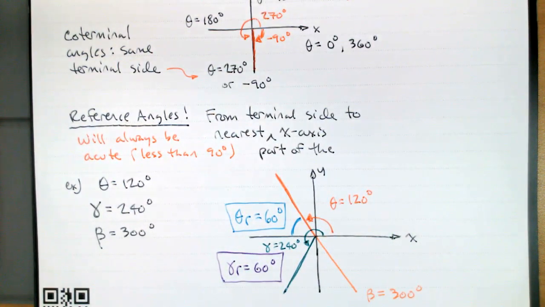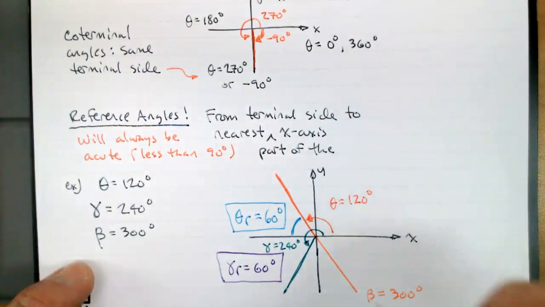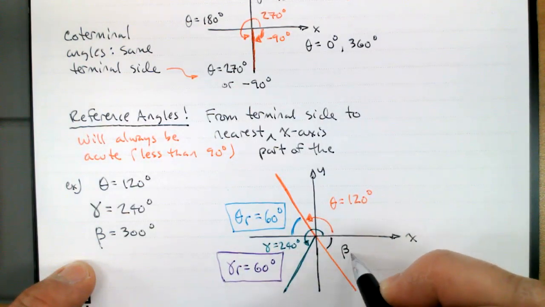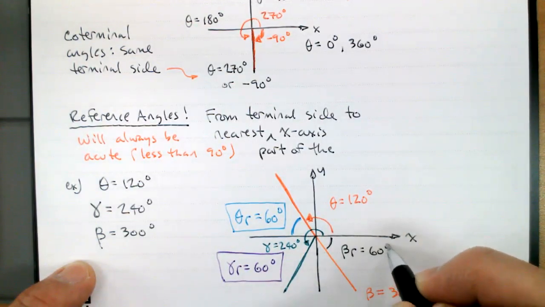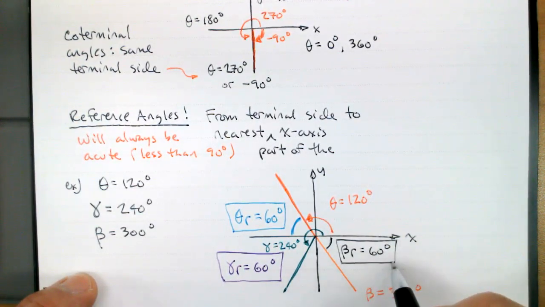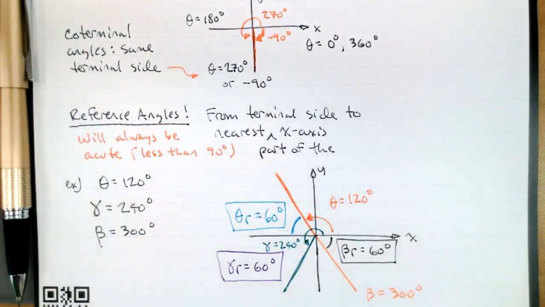We've got to get to the nearest part of the x-axis. So the reference angle for beta will be 60 degrees. Any questions? These are angles in standard position, and these are how you find the reference angle.